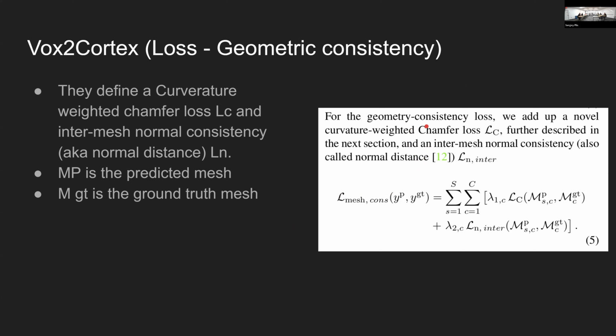Chamfer loss usually compares minimum values against minimum values, and this probably has an optimization on it. Chamfer loss is kind of inefficient because it has to look at n-squared points or something like that.